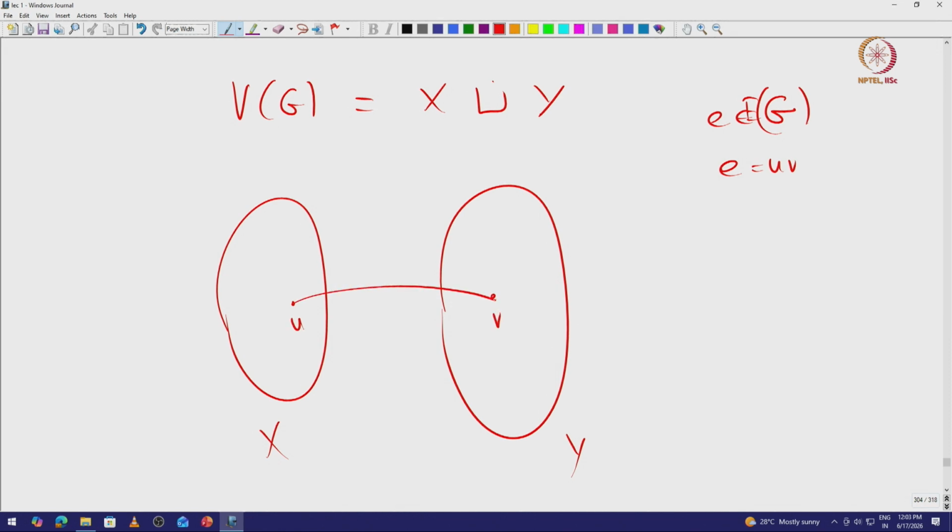So, that is what is called a bipartition of a given graph, and if you have a bipartition, then you call that graph a bipartite graph. So, a bipartite graph is a graph that has a bipartition.